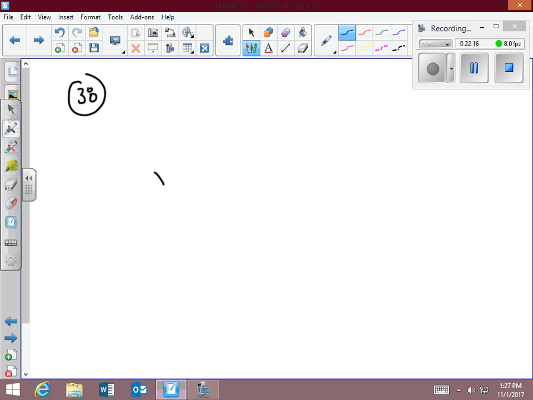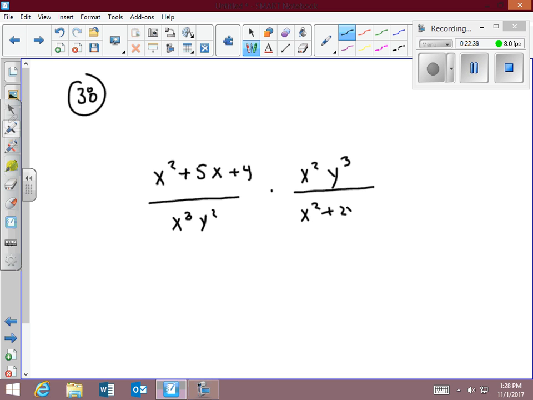Thirty-eight says x squared plus 5x plus 4 over x cubed y squared, times x squared y cubed over x squared plus 2x plus 1.